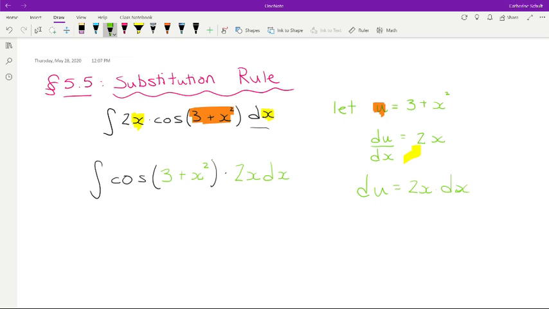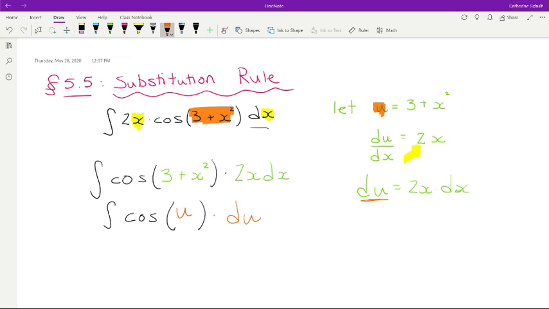Okay, and now these are the substitutions. u is 3 plus x squared. So I'm going to rewrite that in terms of u. So it's going to turn into the cosine of u. And then 2x dx, we're saying that that is du. Okay? And now we have the whole thing in terms of u.